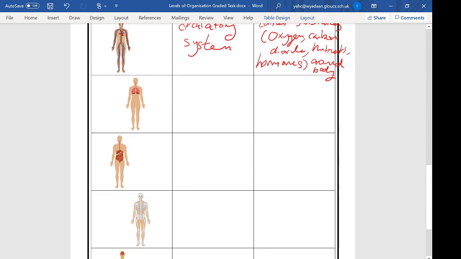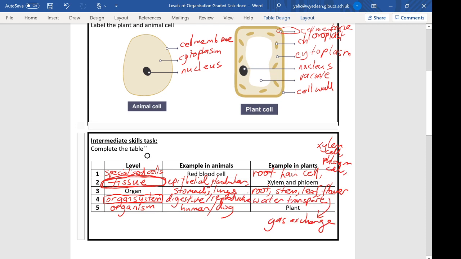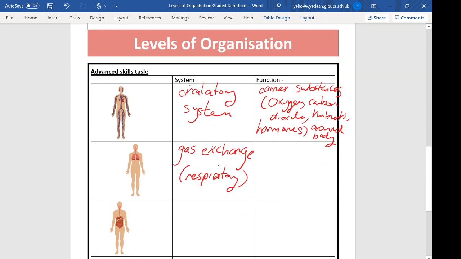Right, the next system, I see a pair of lungs. So I'm identifying that as the gas exchange system, or you could say respiratory. And the main function is, well, the exchange of gases, basically.